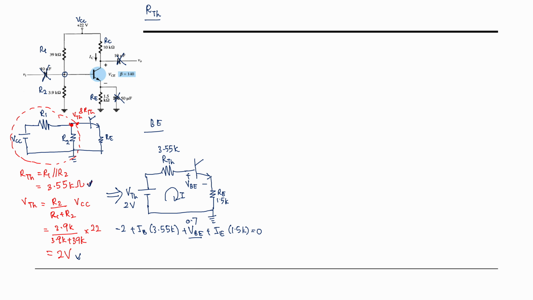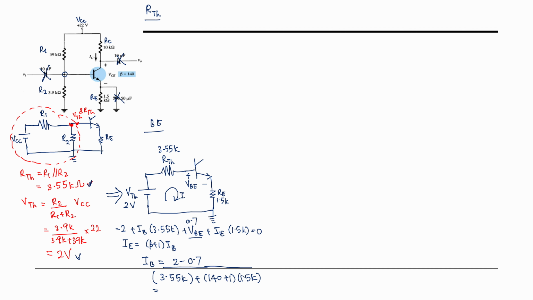From here we can find the value of VBE is equal to 0.7. Okay, how to find the IE? IE is equal to beta plus 1 IB, right? So therefore we can substitute, then you can find the value of IB is equal to 2 minus 0.7 over 3.55K plus 140, this is the value of beta, plus 1, multiplied with 1.5K.